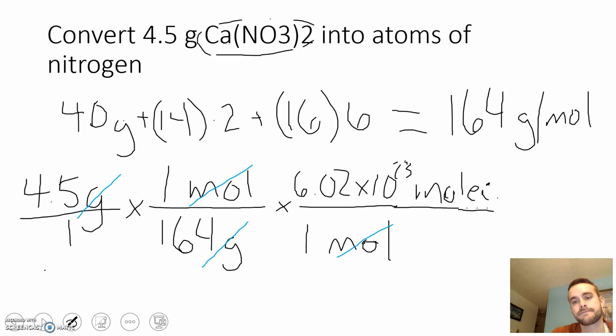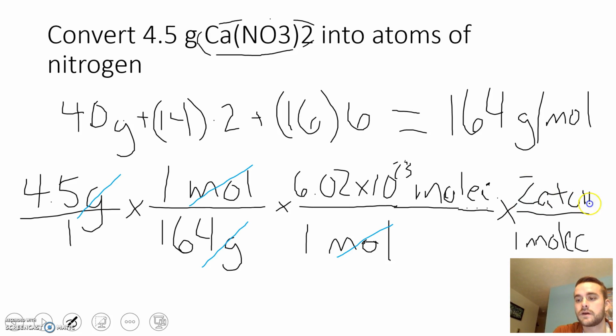It's got 2. So I'll go ahead and multiply. I'll put 1 molecule in the denominator. Again, sorry for my terrible handwriting. And 2 atoms in the numerator. And then molecules will cancel.